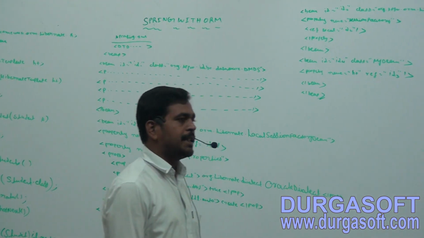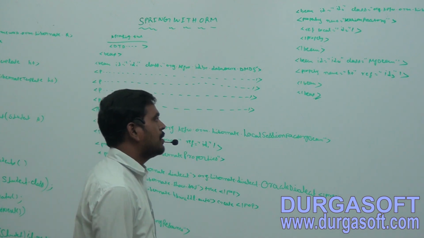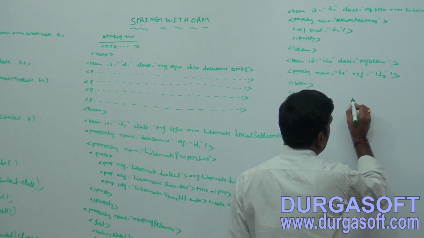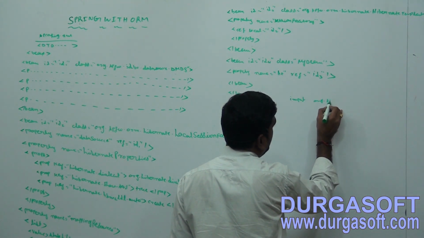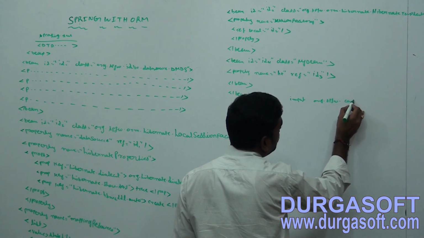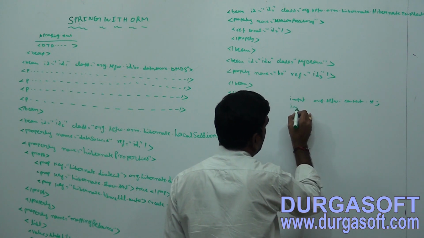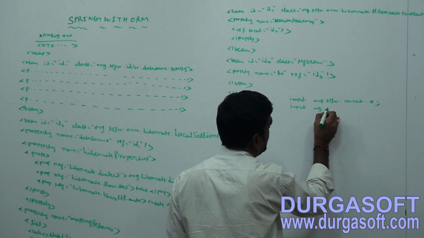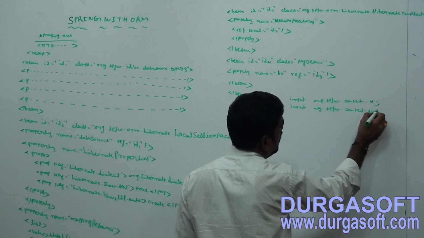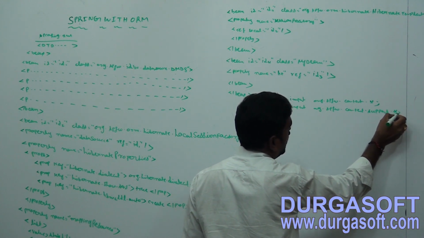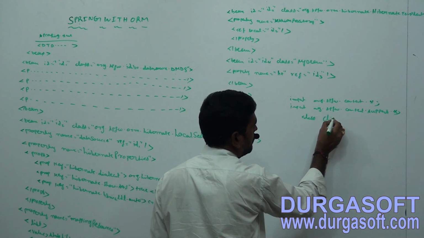Now we can develop the client application. Right? So now how to develop the client application? We have to import org.springframework.context, right? Then next import org.springframework.context.support.* package. After that, class Client.